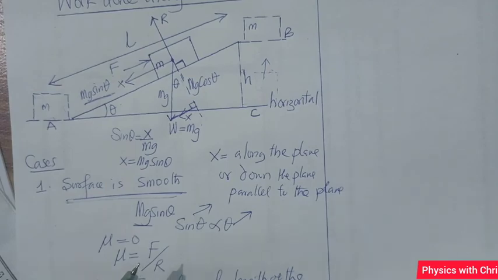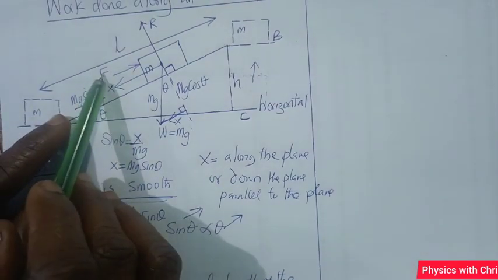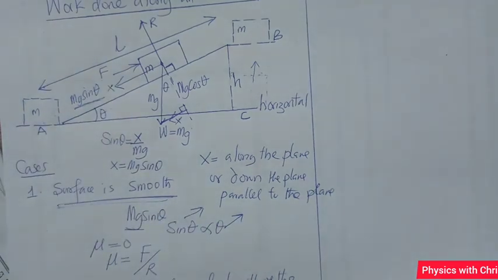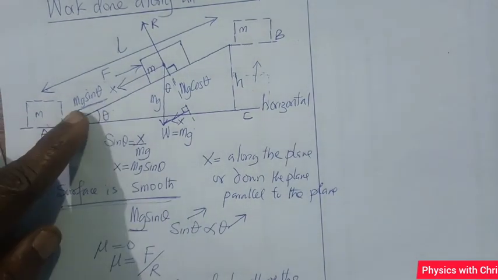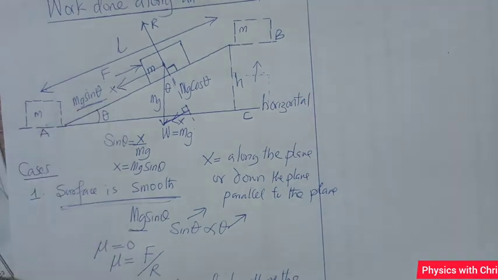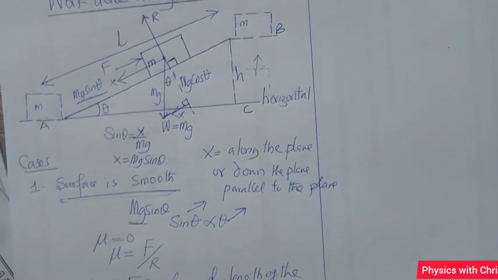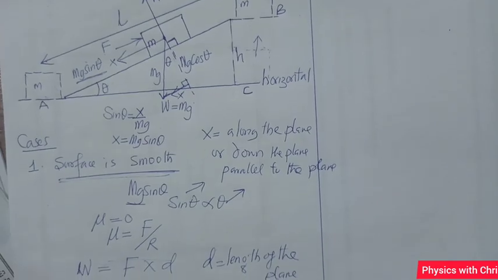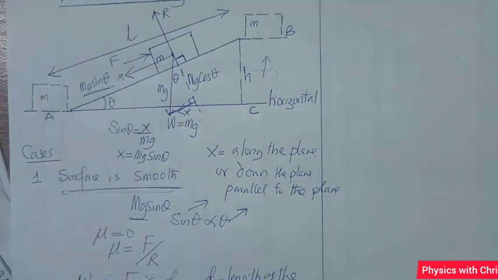With a constant speed, it means that this F here must be equal to mg sin theta. So when that happens, the work done in doing this will be minimum.